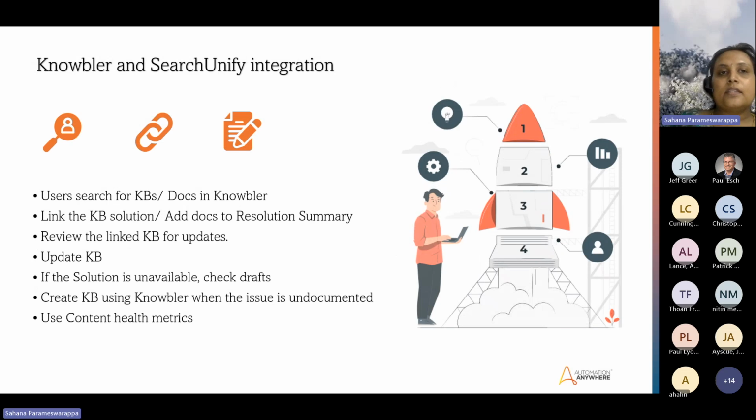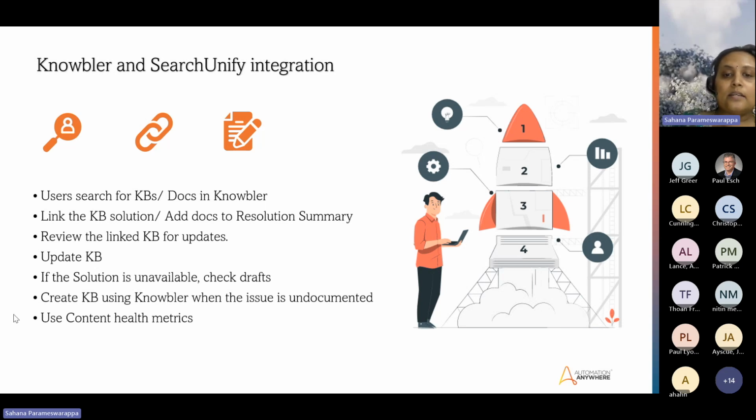So starting with the Nobler and Search Unify integration. As I mentioned earlier, the solve loop consists of searching for the existing article, linking the existing article, and creating or updating an article as and when they found something.